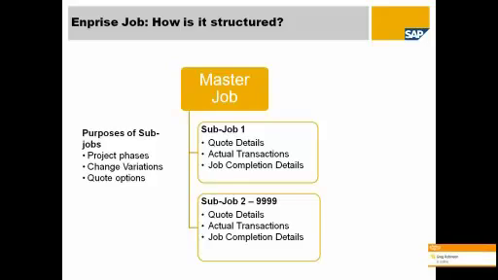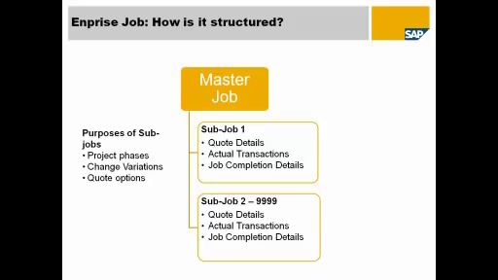Some of the uses for sub-jobs depend on what your requirements are and the way you set up the system. You may just have one sub-job on your jobs, you may have many. If you're going to have many, they could perhaps be used to distinguish between project phases or change variations to a project.